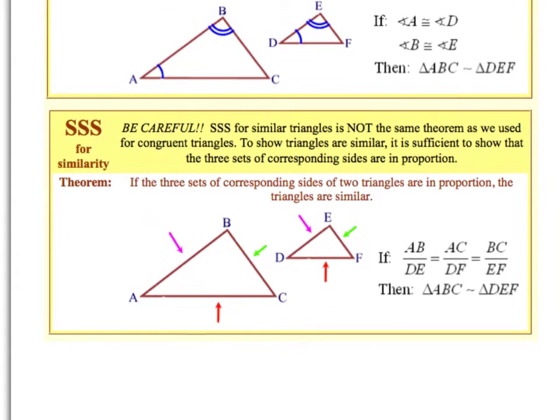And then side, side, side for similarity, I want you to be sure to understand that this is not the same side, side, side as the one for congruence. What this means is that you can take those sides and set up proportions like you see here to solve. If this is all true, then you can say that the triangles are similar.